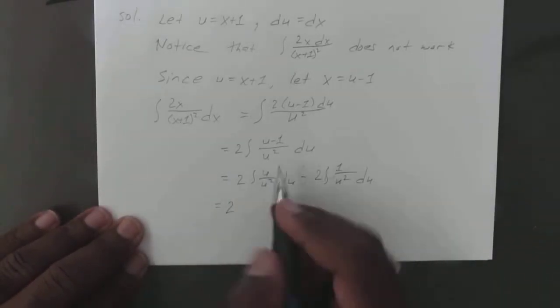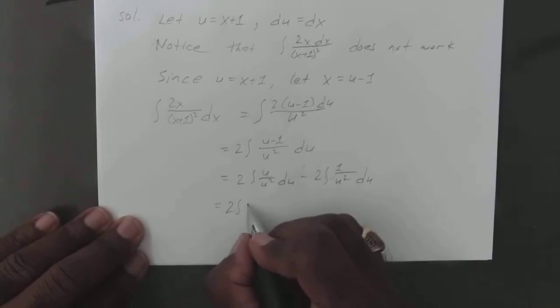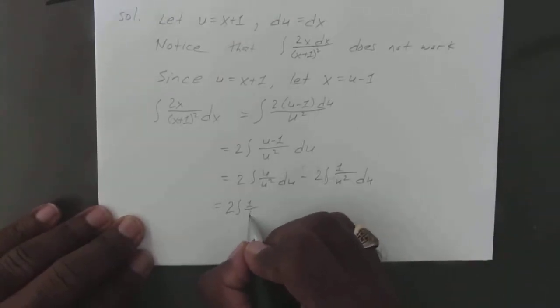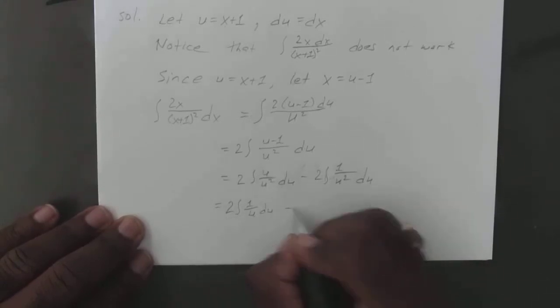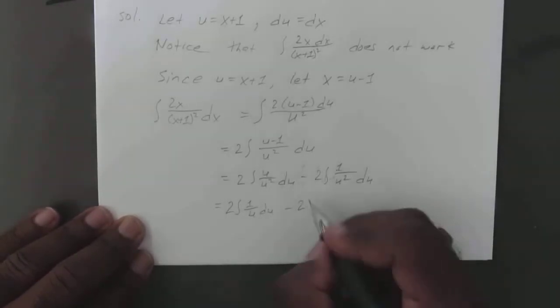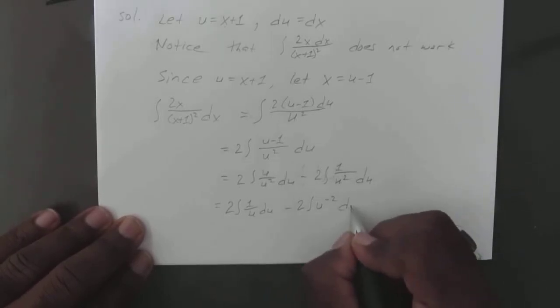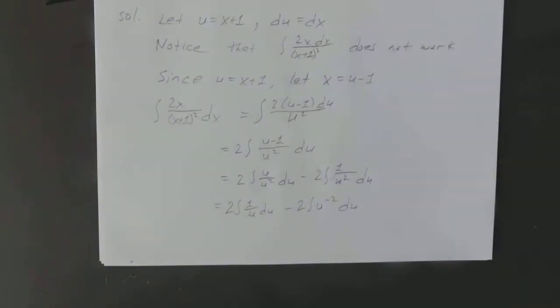All right, so once you do that, you just simplify it and you can integrate like you normally would. So 2, this just becomes the integral of 1 over u or du over u minus 2, and you can integrate that as u to the negative 2 du.